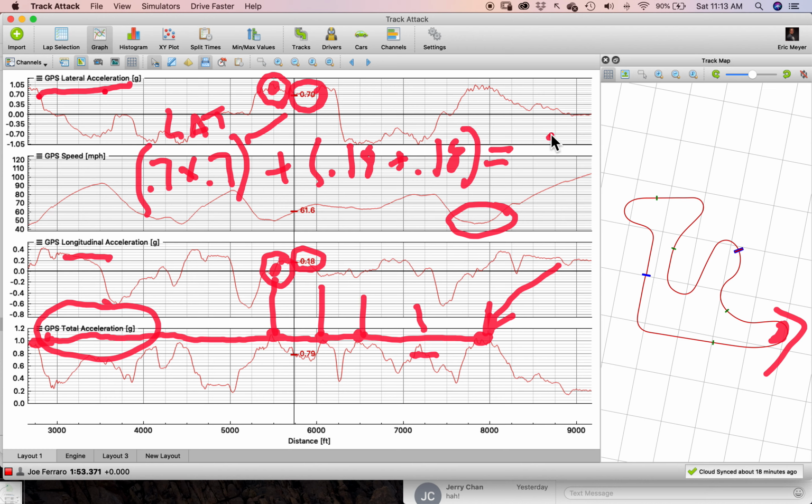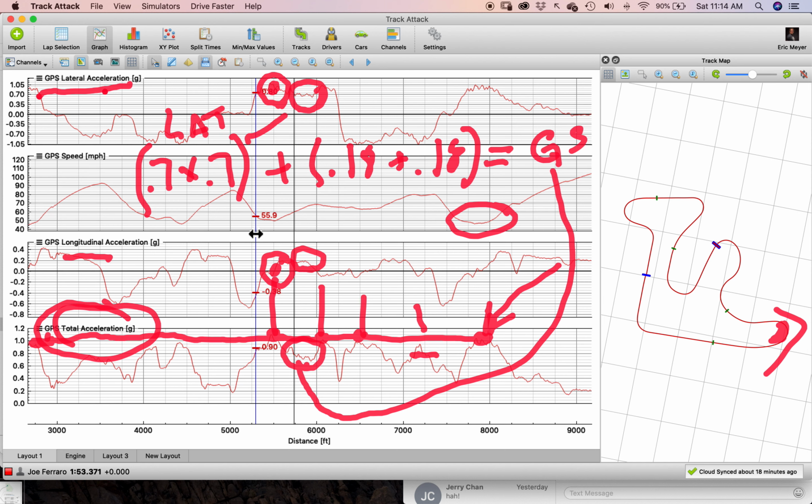And that equals your GSum, which is also called total acceleration. And in this case, for this math right here, it's 0.79.